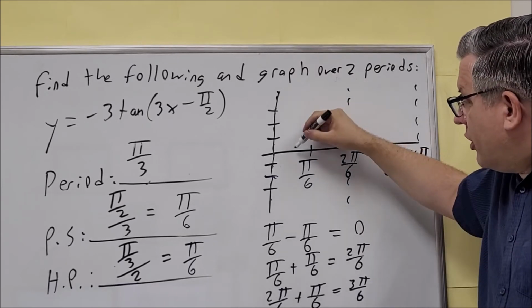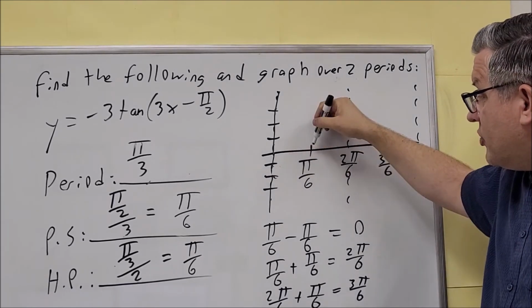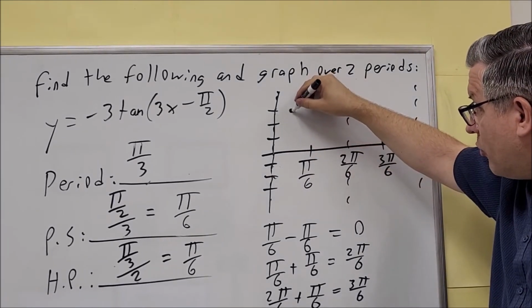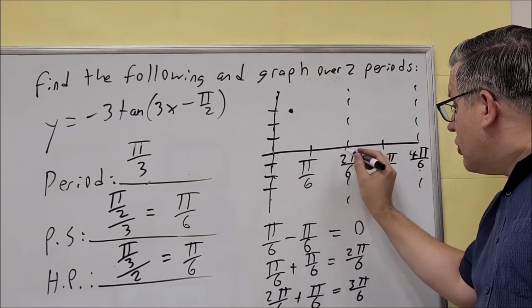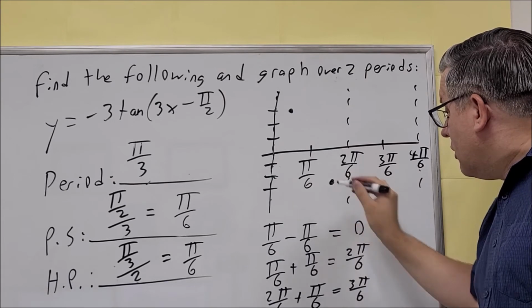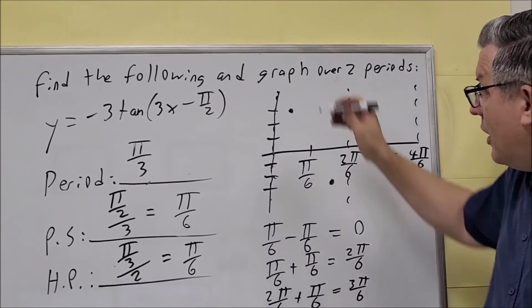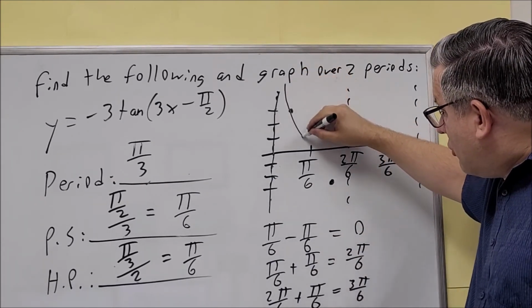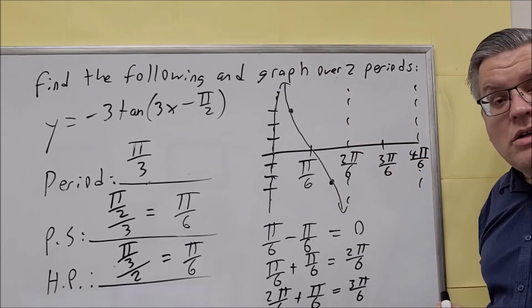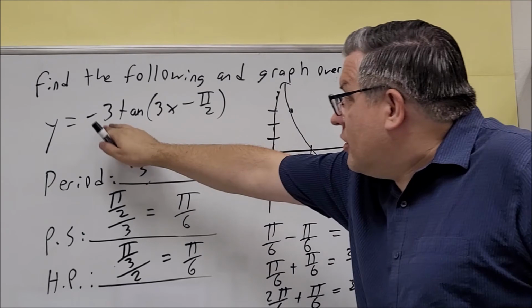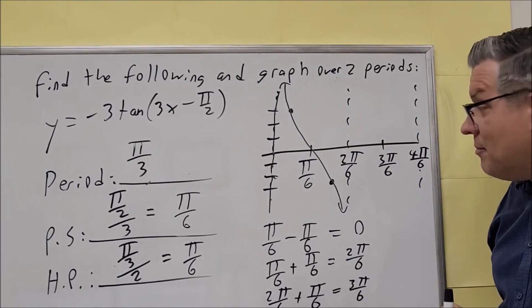So the way that's going to work is the halfway point between 0 and pi over 6, that's actually going to be right here. At that point, the halfway point between each of these, that's going to cross down there at that point. Okay, so as you can see here, the graph is actually going this direction. It's falling as you go from left to right. Again, it's because of the negative there that causes that.